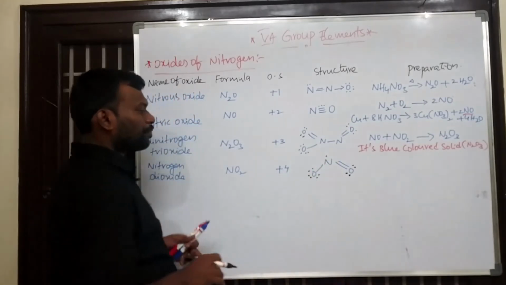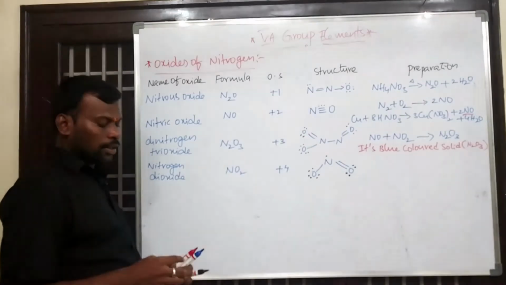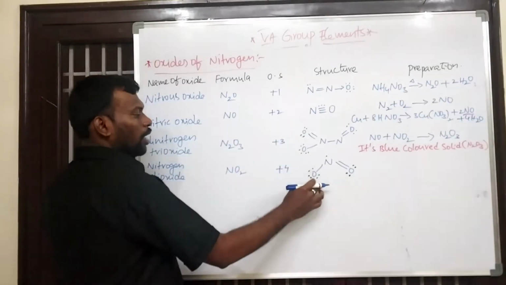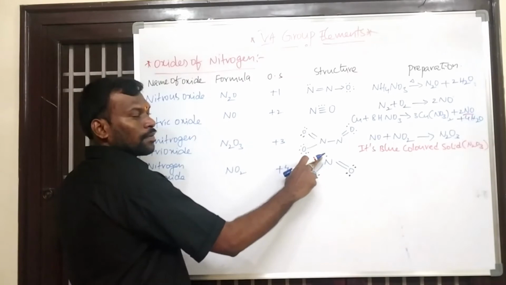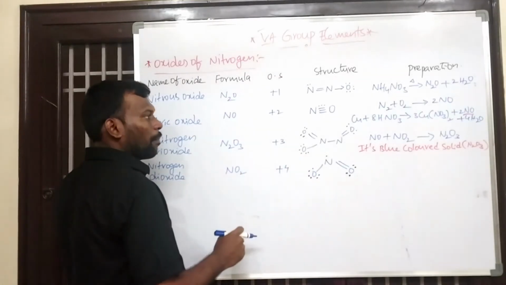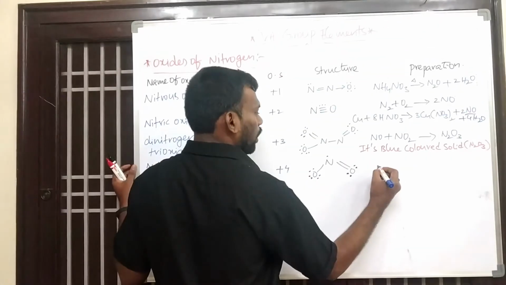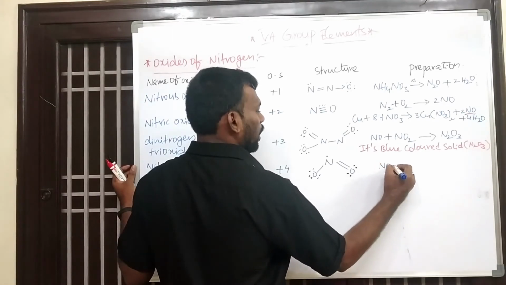So this is the structure of nitrogen dioxide. When I observe the structure of nitrogen dioxide, the nitrogen has a single electron, and it also has paramagnetic nature.